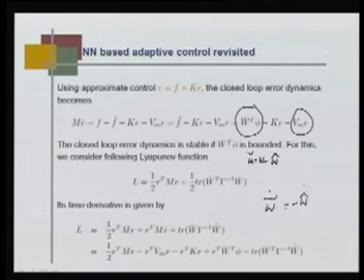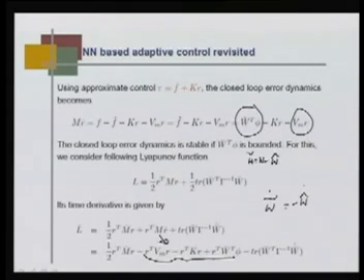Going back here, you can easily see that if you replace r dot, which is m inverse times this quantity, then this quantity r transpose m r dot becomes, on replacing r dot from here, minus r transpose V m r minus r transpose k r minus r transpose w tilde transpose phi.